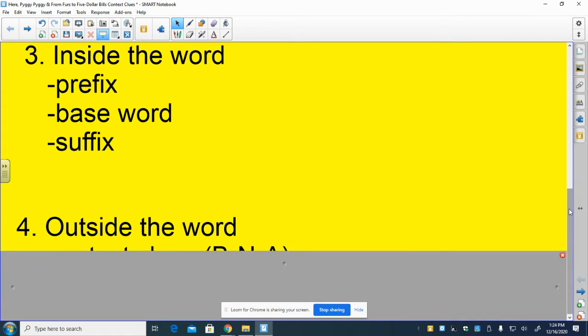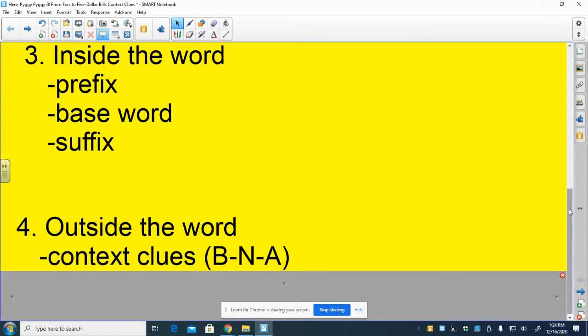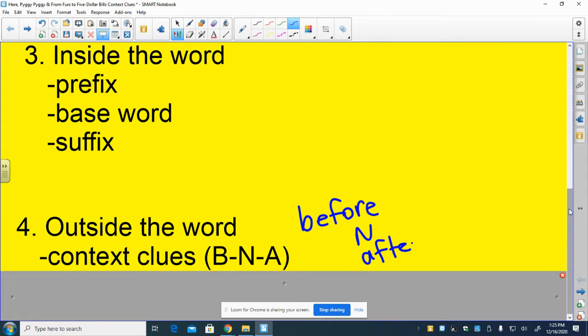And when I say look outside of the word, part of that is context clues. And I have B and A here, and that is for before, in, after.